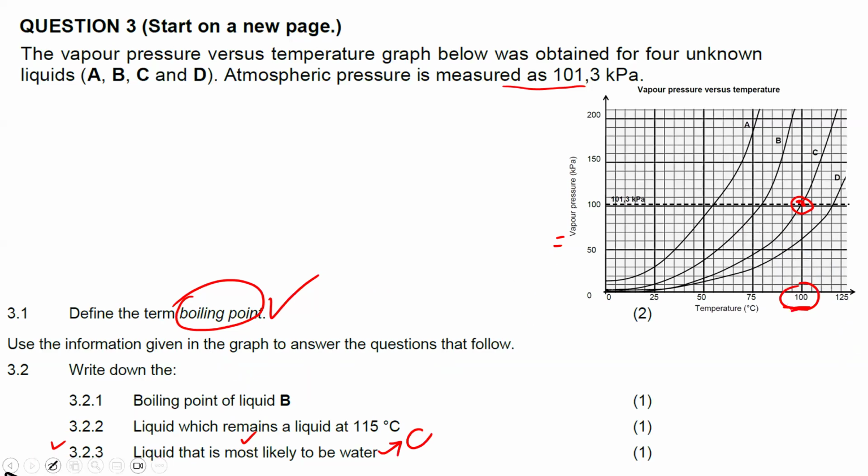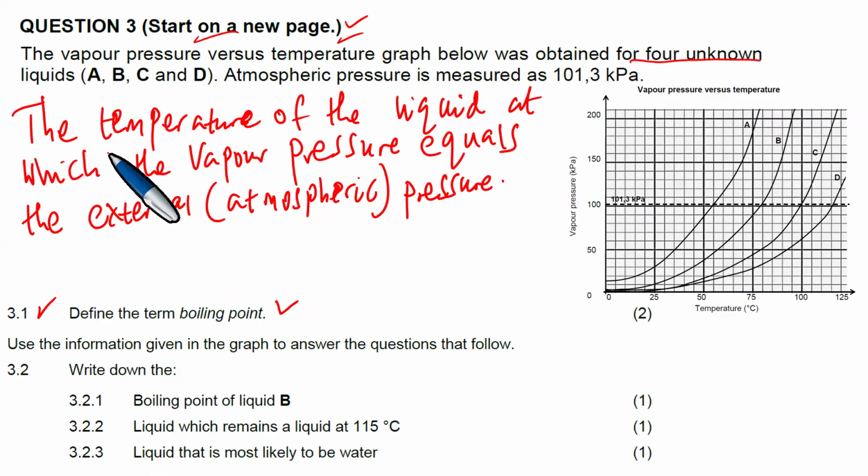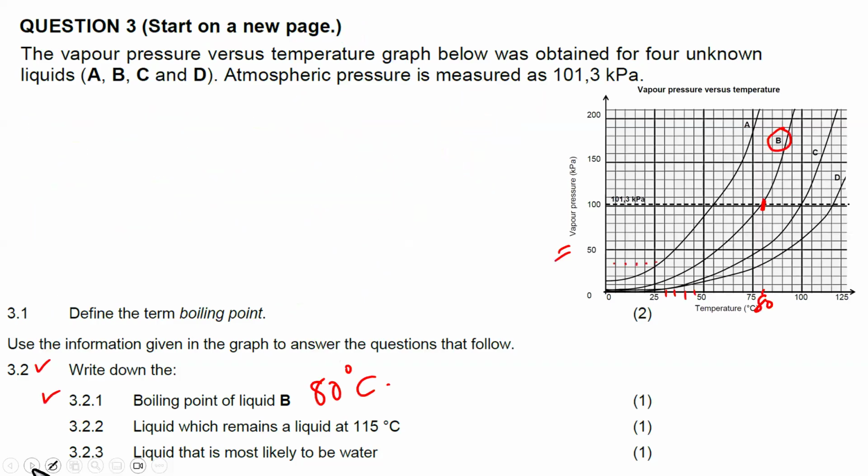Okay, because that is how we define the boiling point. How did you define boiling point? Boiling point is the temperature of the liquid at which the vapor pressure equals the external atmospheric pressure. And therefore we continue.